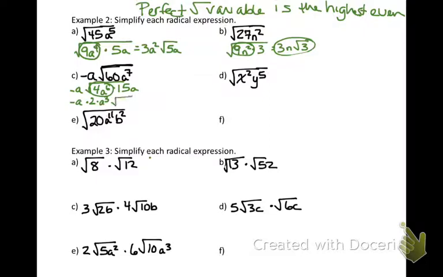What's left over is square root of 15a. And then you multiply the negative a times 2 times a cubed. So that would be negative 2a to the 4th. Remember, a has an exponent of 1, so 1 plus 3 is 4. And then you put your square root of 15a.